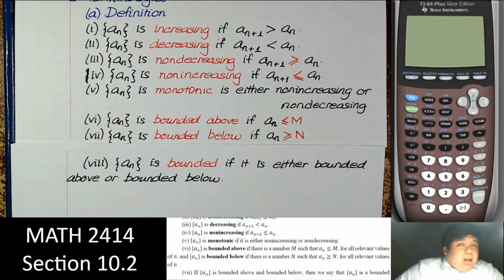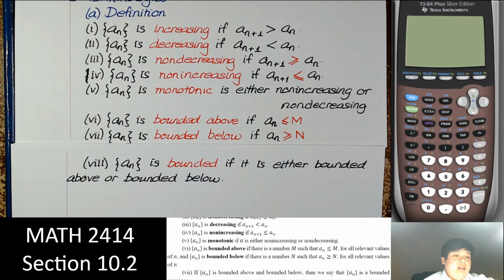Right. So those are the terminologies of sequence. Increasing or decreasing is easy, but we will see a lot more of those two, non-increasing and non-decreasing. Non-increasing could be decreasing or could be flat.